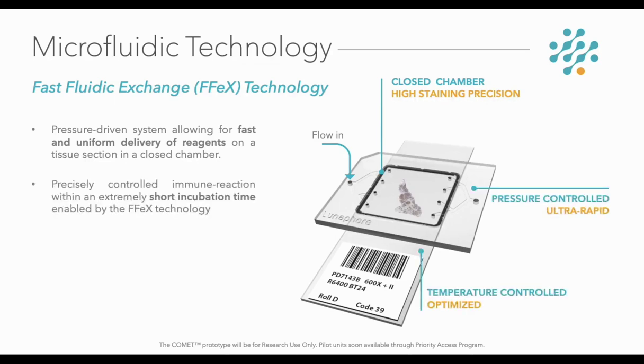This name is due to the fact that pressure-driven reagents flow into the chamber and the liquid exchange is very rapid. The perfect sealing offers a controlled environment with multiple benefits. Staining times are reduced due to the active transport of reagents, a more uniform staining over the tissue surface is achieved, and evaporation is avoided.